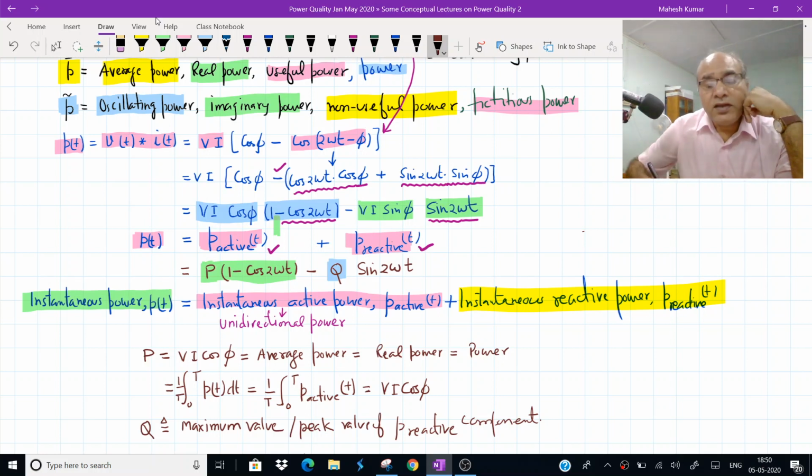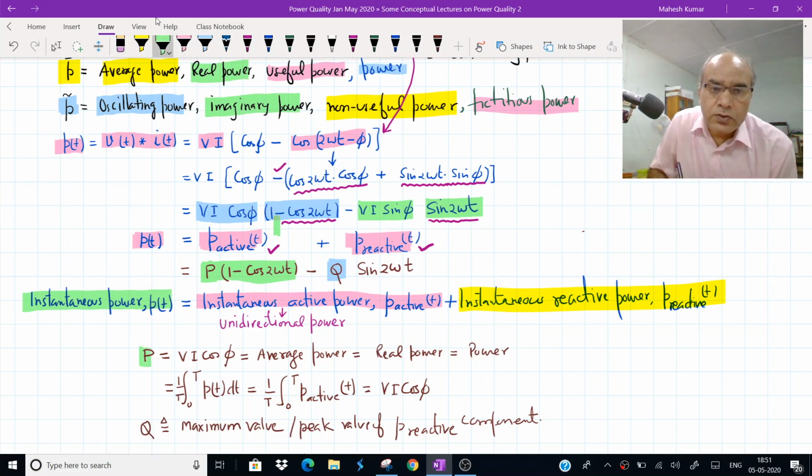So what is P? Obviously P is VI cos phi, a constant term. And Q is also a constant term, VI sin phi. So we describe P as P equal to VI cos phi, and as I said earlier, this is called the average power, the real power, or simply the power, or useful power, or wattage power.